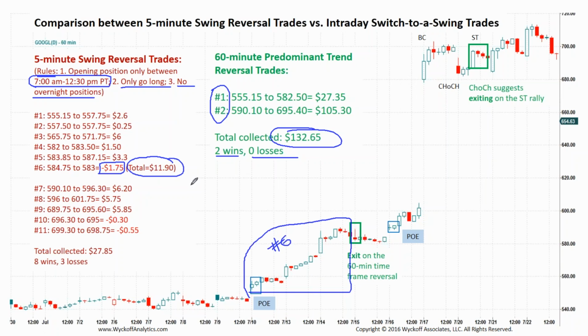And look at what's happening here. The first trade that we had using this switch to the swing trade is still producing more than twice the amount of profits than the ones where we're just trying to day trade each day. So you are multiplying your mistakes with the larger number of intraday trades.